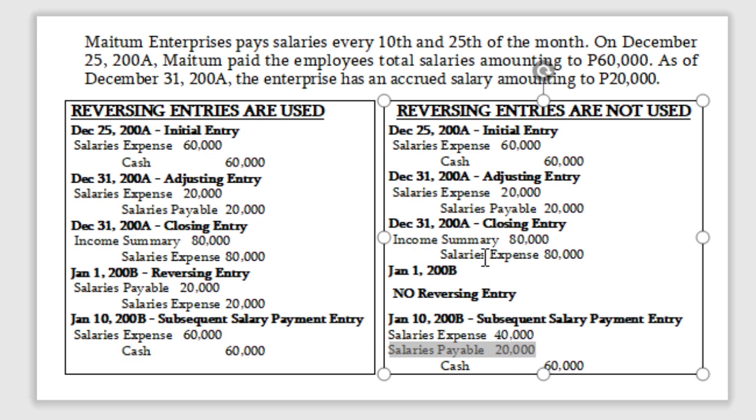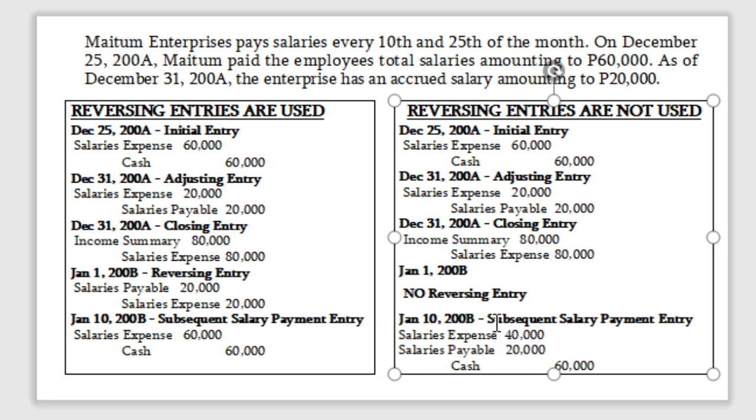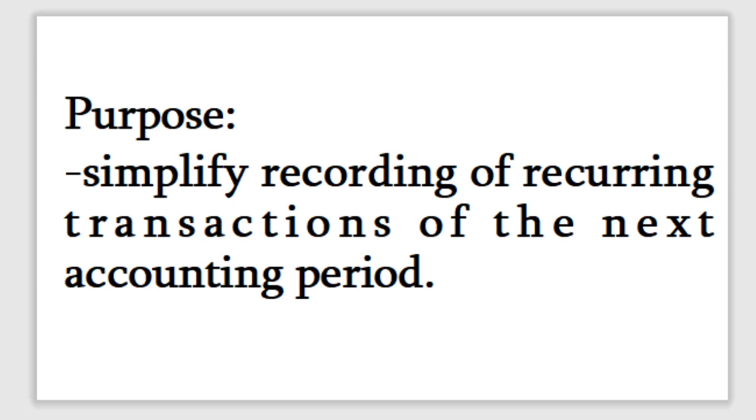Since ginawa natin siya ng adjusting entry ng December 31, at binayaran natin siya pag January 10 na, ibig sabihin ide-debit na natin yung salaries payable natin na 20, then credit natin yung salaries expense na 40, and then yung lumabas na cash sa atin is 60,000. So, again, ang purpose lamang nito is to simplify recording of recurring transactions of the next accounting period.